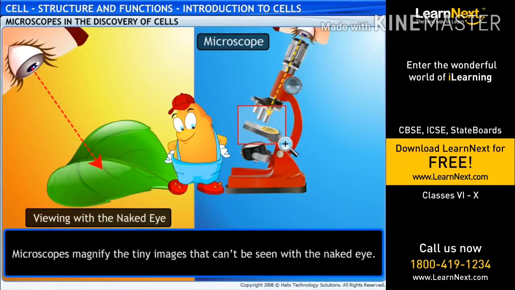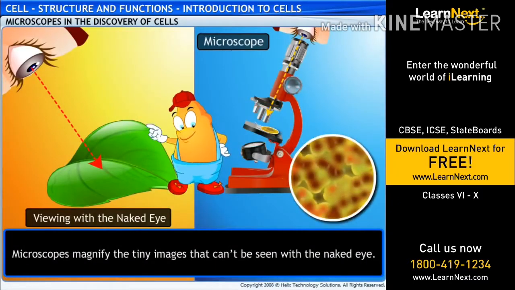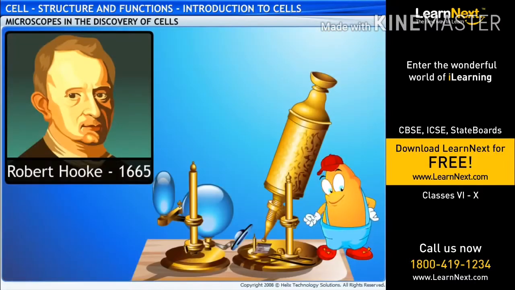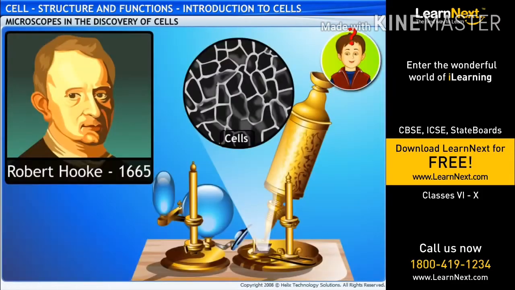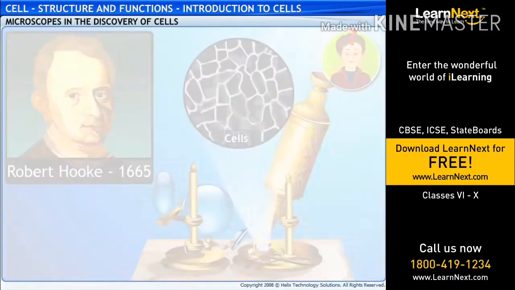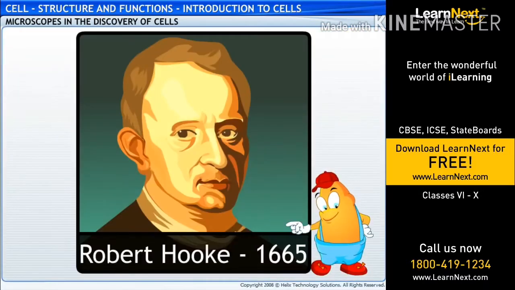A microscope magnifies the objects so that you can see even the tiny ones clearly. With the help of a microscope, an English scientist, Robert Hooke, first discovered the existence of cells in 1665. So before that, no one had been able to examine a cell? Right. Even Robert Hooke wasn't really able to see samples of living cells.